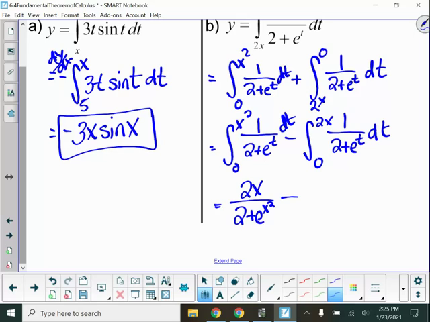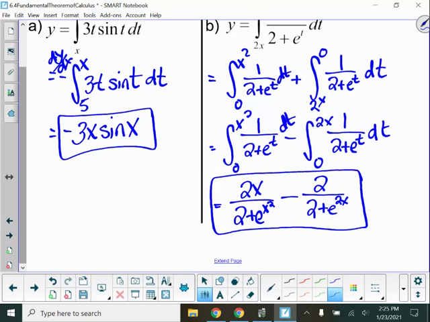For the second one, I'm going to plug in the 2x where the t is, take the derivative of the 2x, multiply it, it's actually going to be on top, so I'm going to have a 2 on the top over 2 plus e to the 2x. And that's really the most complicated type of question that you'll see with these. It really doesn't go much further than that.